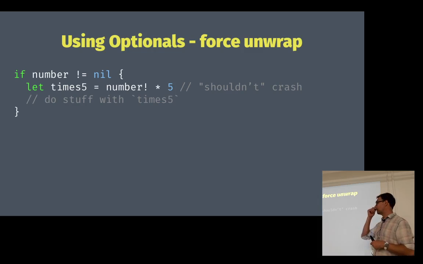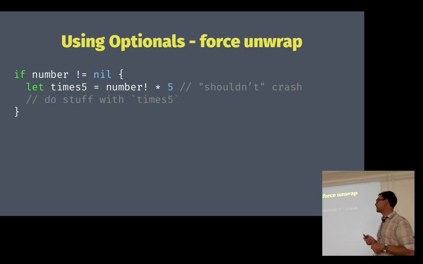This should be safe, but if we had, for instance, a reference type, if we had user.firstname, and we check to see that it's not nil, and then we try to do something with it, you might have scenarios where user.firstname is not nil when you check it, but by the time you try to unwrap it, it's been set to nil on a different thread, and it crashes, and you can't troubleshoot those. They're a pain. So this pattern itself, we try and avoid as well.